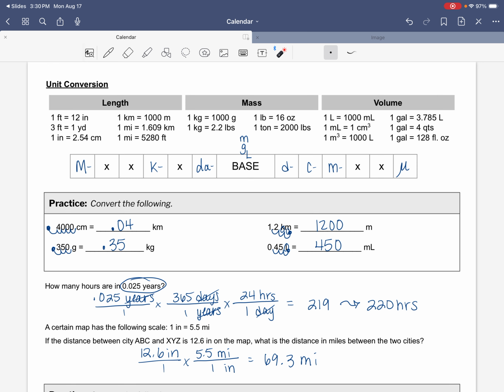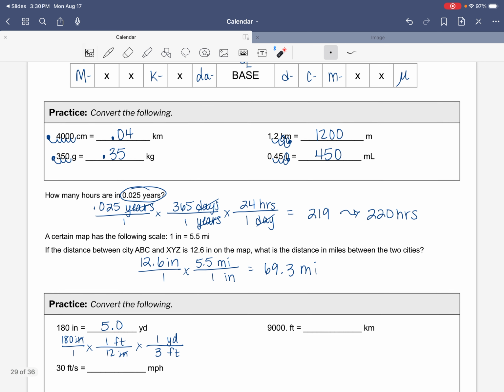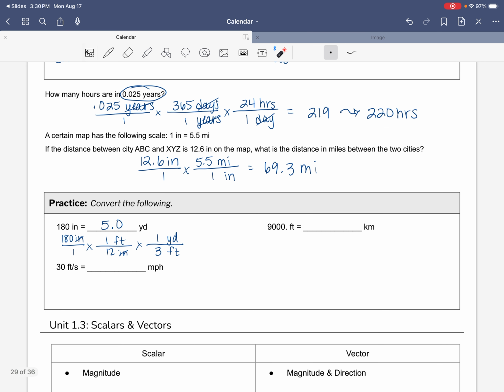I'm going to convert feet to miles and then miles to kilometers. There are other paths you could take, and you should get a very similar answer, though it might be slightly different. So I'm going to start with 9,000 feet, put it over 1.